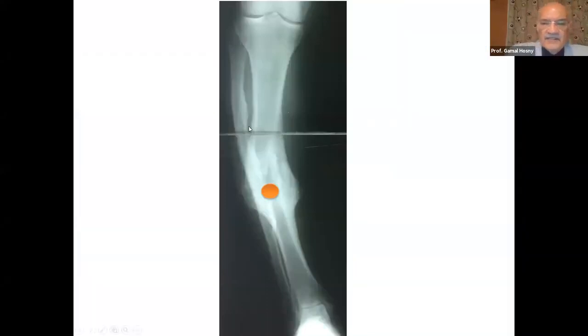In this example, we have a diaphyseal apex of the deformity. It's clear. Look at the apex of the deformity. It's here in this point. This is the apparent CORA, and this is the apparent apex.